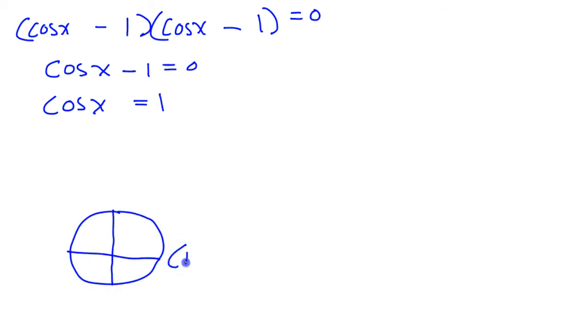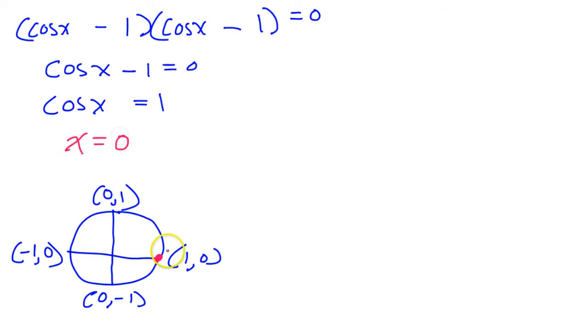Okay, so here I have 1 comma 0, 0 comma 1, negative 1 comma 0, and 0 comma negative 1. Cosine is an x value on the unit circle. So we want the x value to equal 1. So I see that the x value equals 1 right here and nowhere else. So that's why the one and only answer is x equals angle 0.